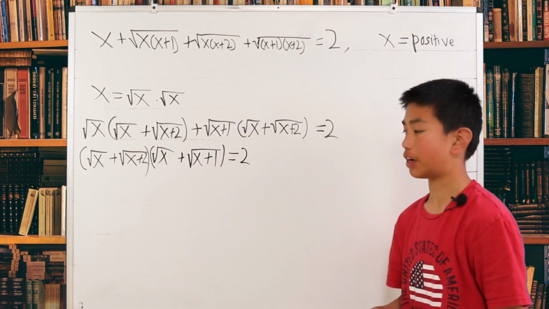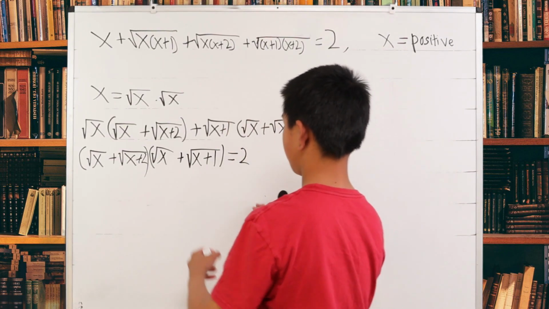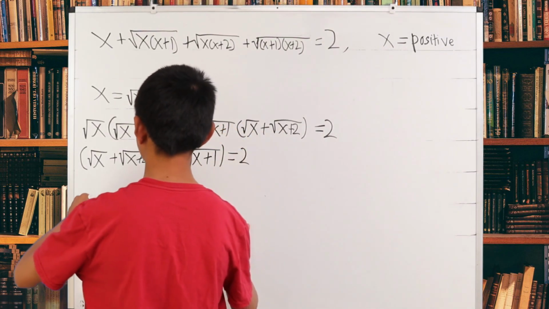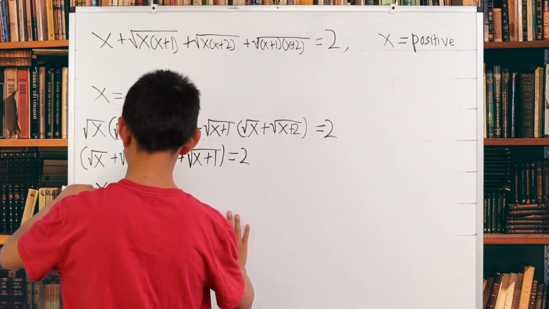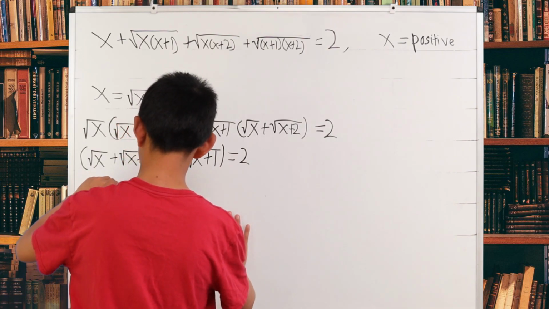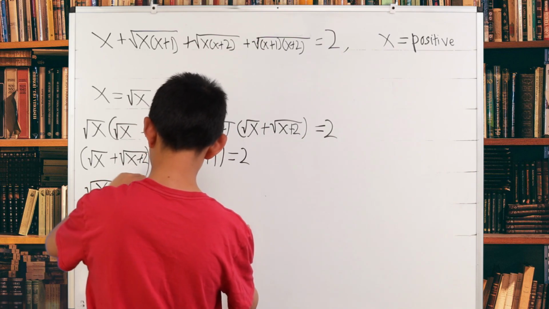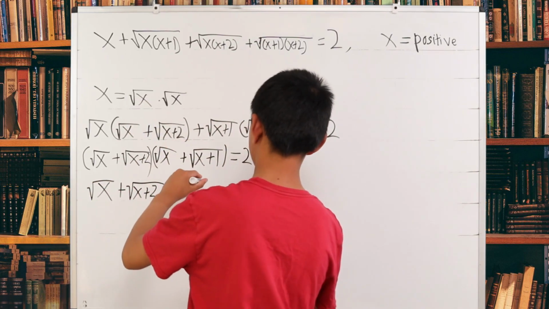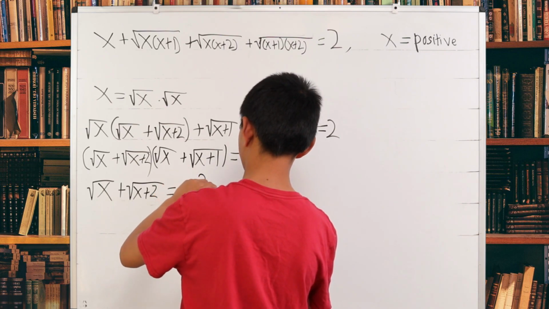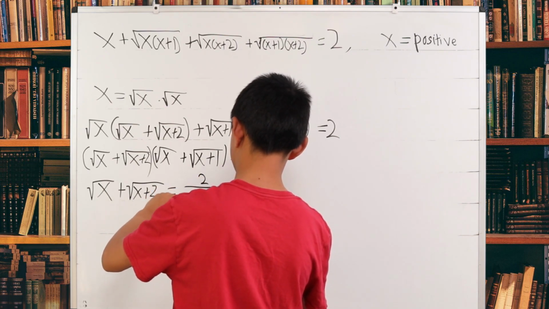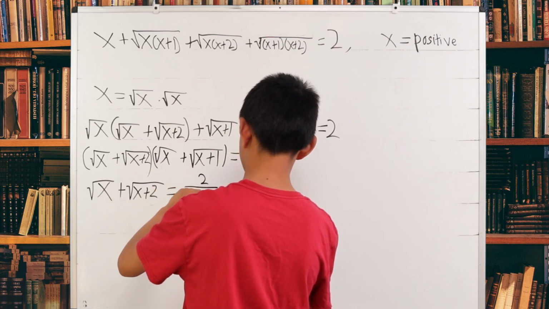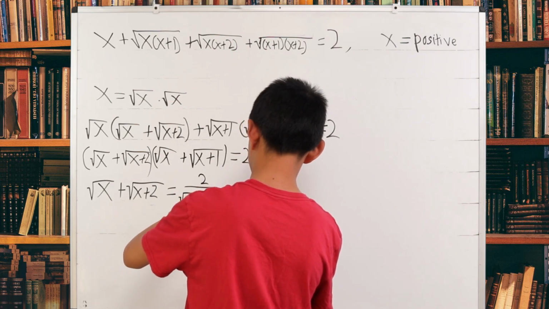Now we divide both sides to get it on the bottom, so we can potentially get rid of it. So now the square root of x plus the square root of x plus 2 is going to be equal to 2 over the square root of x plus the square root of x plus 1.